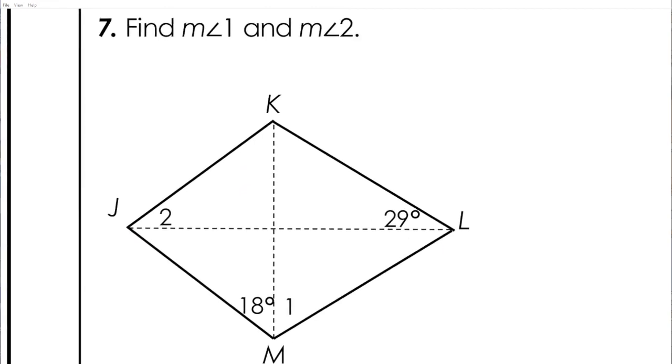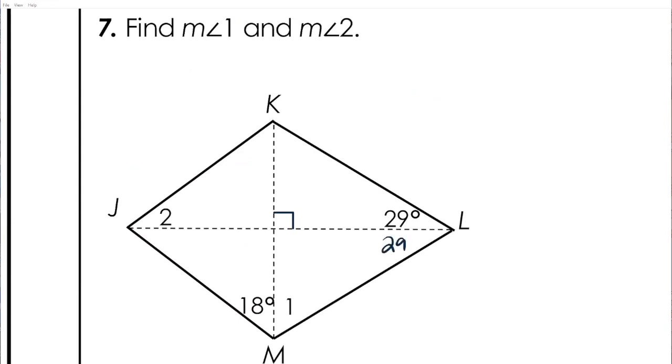Number 7, find the measure of angle 1 and the measure of angle 2. So because this is a kite, the diagonals intersect at 90. So I know that these are 4 right angles. That is always true. Because it's a kite, I know my skinny angles are bisected.